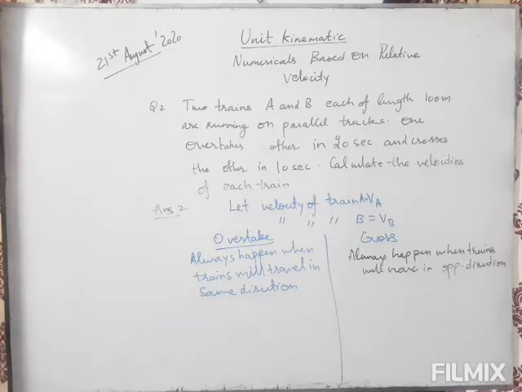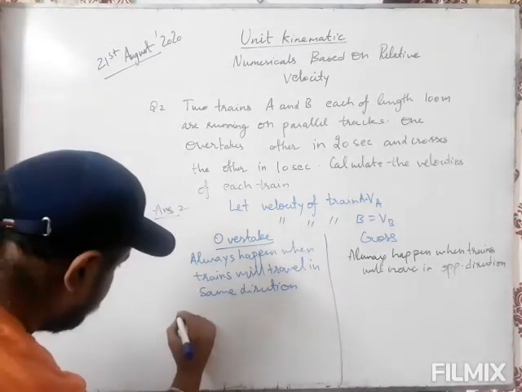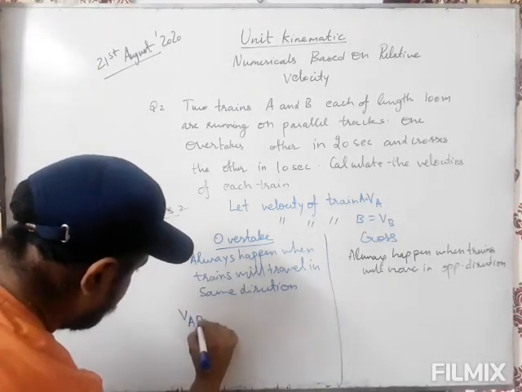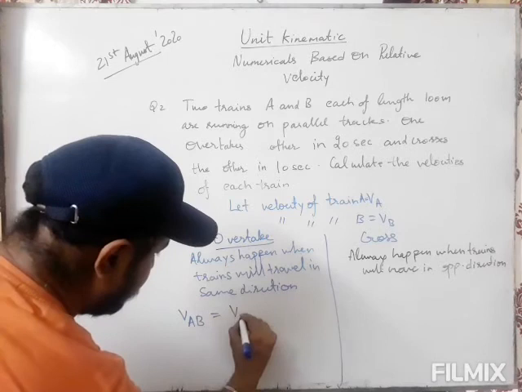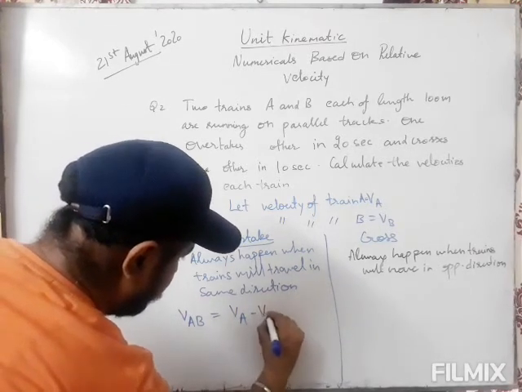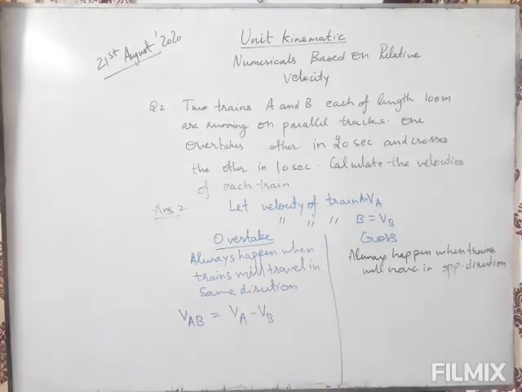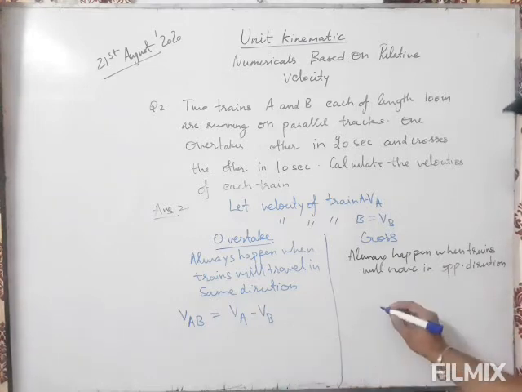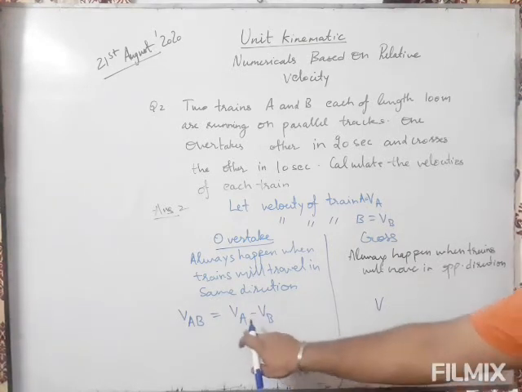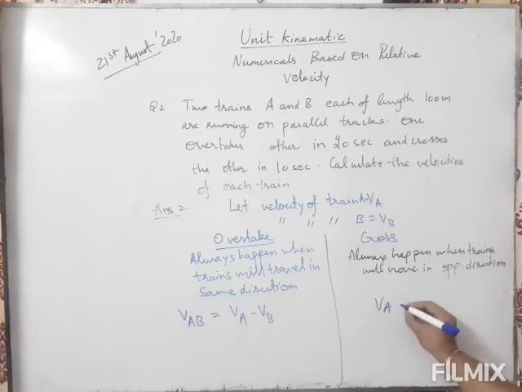So now we will consider the relative velocity of train A with respect to B in case of overtaking, VAB. Overtaking is in the same direction, so it will be minus over here. When A is overtaking B, we have the relative velocity as minus because they are in the same direction.